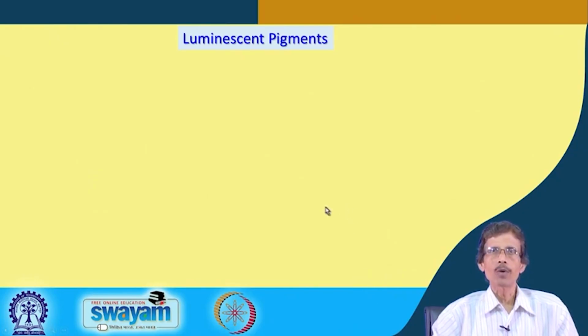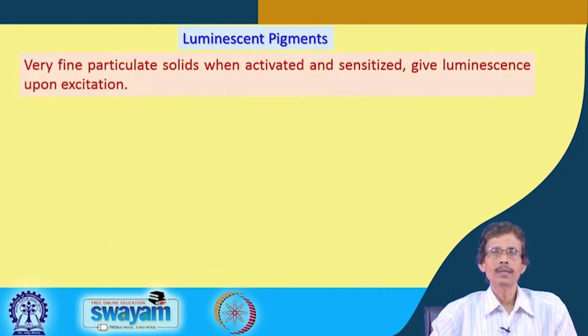Then we take the help of luminescence, which is a very useful thing. What we can understand is how we can use the luminescent behavior for the pigment. They can show fluorescence as well as phosphorescence behavior when they are excited energetically.